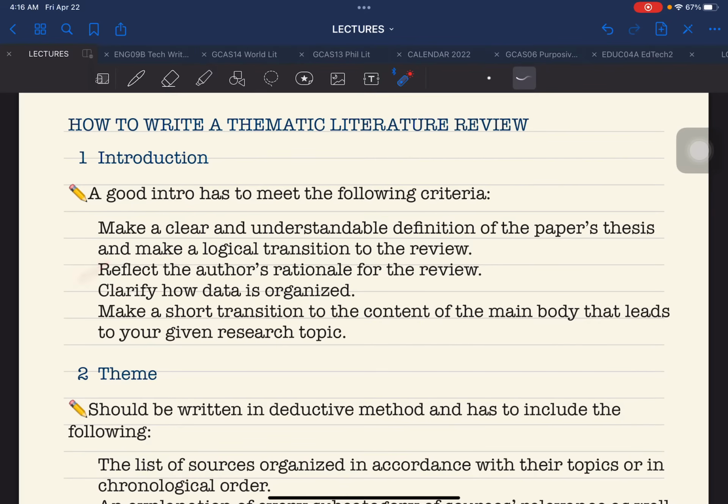Number 2, reflect the author's rationale for the review. Rationale refers to your motivation, or specifically the reason why you are conducting this review of literature. So briefly state that particular rationale of the study, and you can also do this by stating and citing the relevance of conducting thematic literature review to your study.